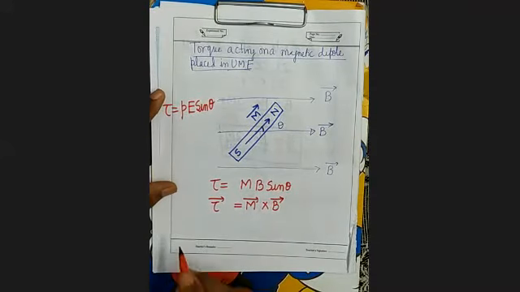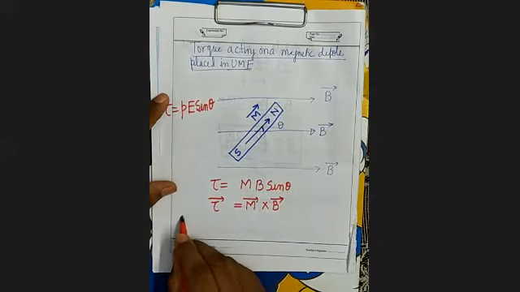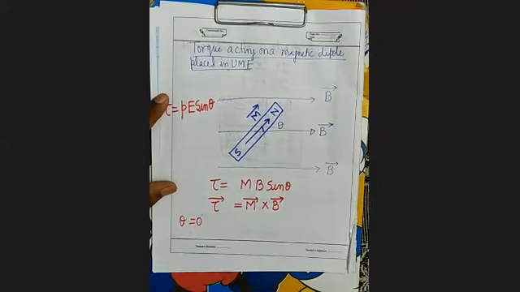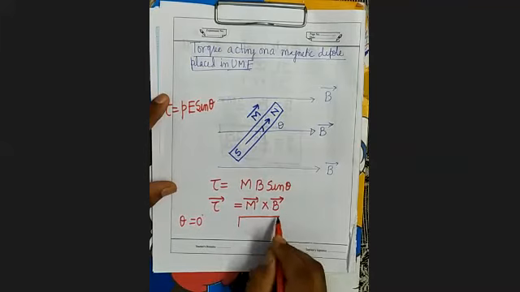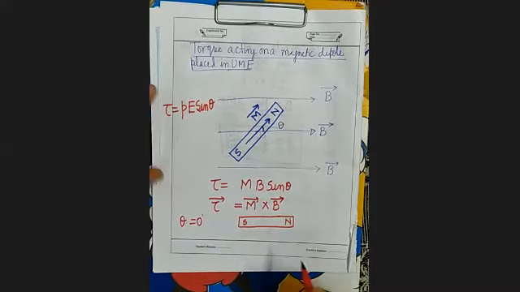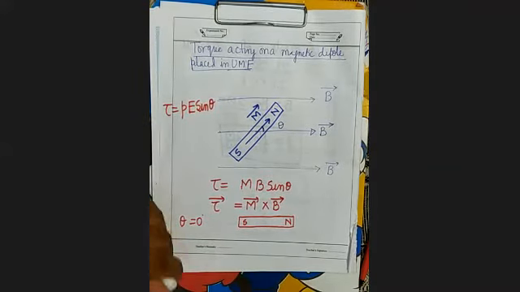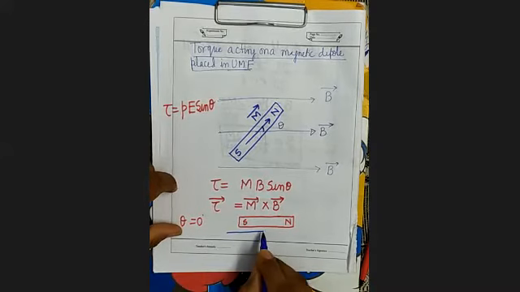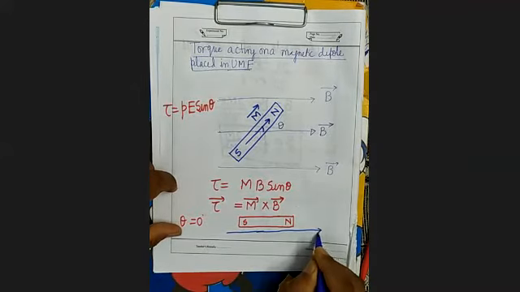Now see here, theta equals 0 degree. When theta equals 0 degree, it means the magnet is placed parallel to the magnetic field. The magnet is placed parallel to the direction of the magnetic field.